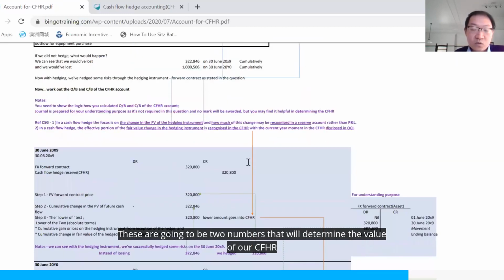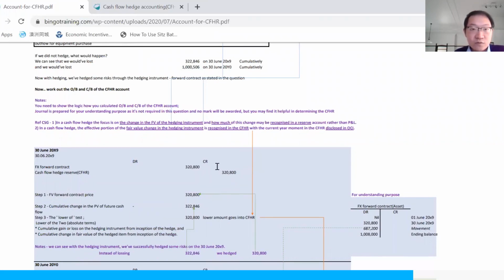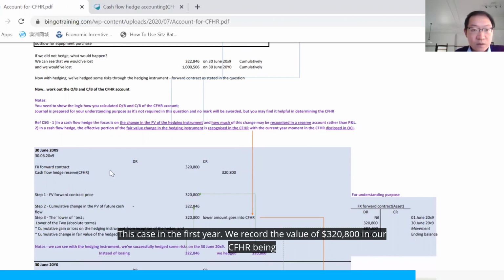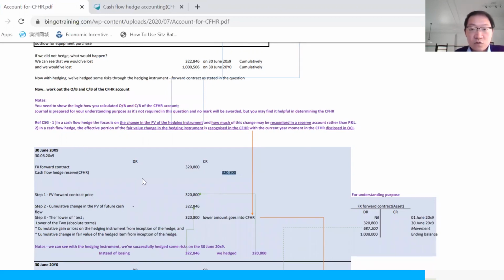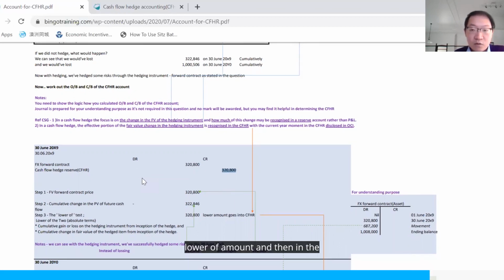These are the two numbers that will determine the value of our cash flow hedge reserve. So in the first year, we record a value of $320,800 in our cash flow hedge reserve, being the lower of amount.